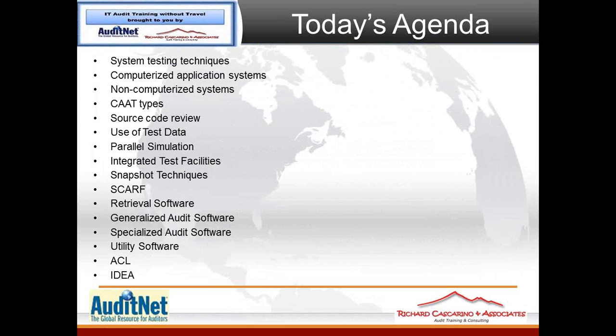I'm going to use copy. If I want to find out if a file exists, I'm not going to try and open it up in IDEA or ACL. I'm going to use a search to see if the file exists. We'll also finish up by taking a look at probably the two most common pieces of generalized audit software on the market, ACL and IDEA. So we'll take a look at all of those.